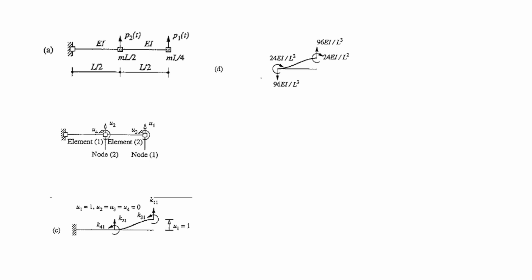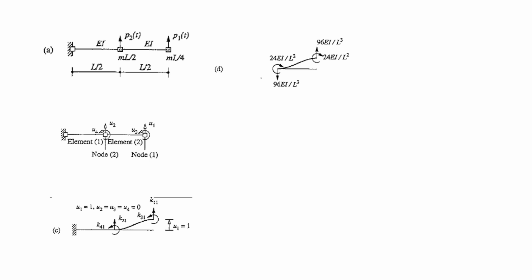If we have to determine the first column of the stiffness matrix, what we do is that we first impose U1 equal to 1 and all other U2, U3 and U4 will be equal to 0. The stiffness influence coefficients here are Ki1. The forces that will be necessary at each node of each beam element to maintain the deflected shape are determined from the beam stiffness coefficients.